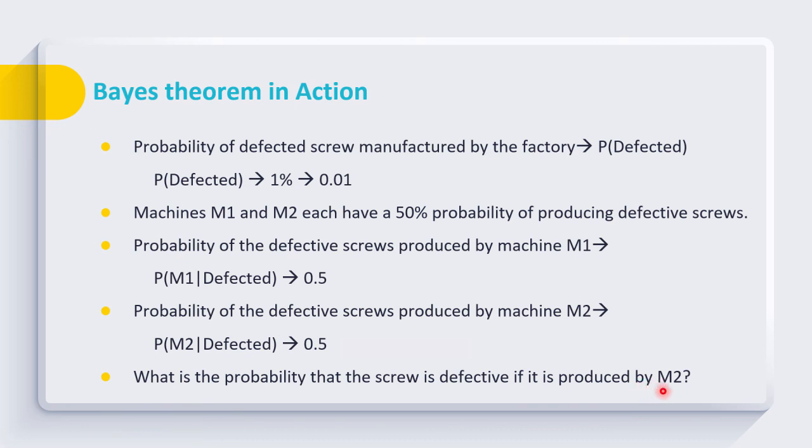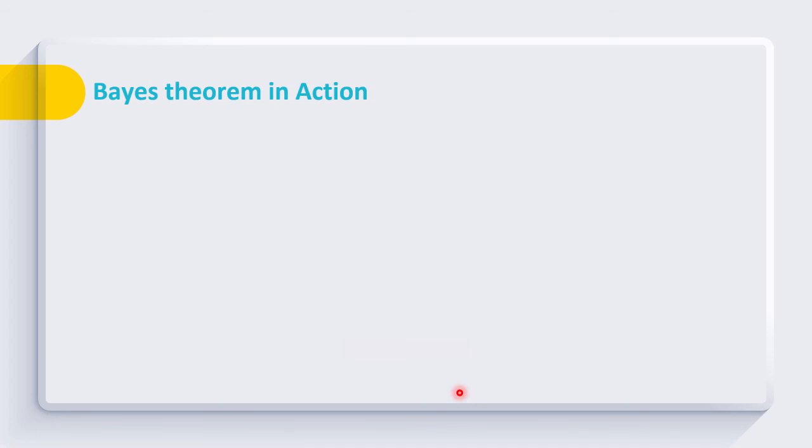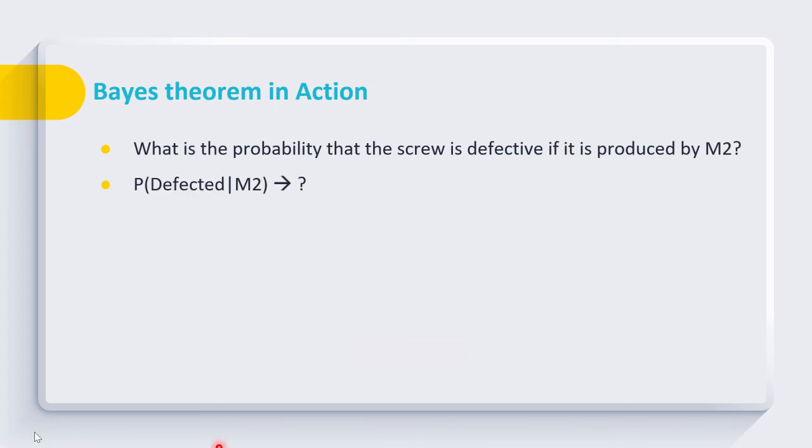Now we know that it is produced by M2. Now we have to find out whether it will be defective or not. So we can represent this by using conditional probability, like this: defective given M2. So M2 is given, but we have to find out the probability that it will be defective. So in this case, the problem statement is to find out this value of conditional probability.